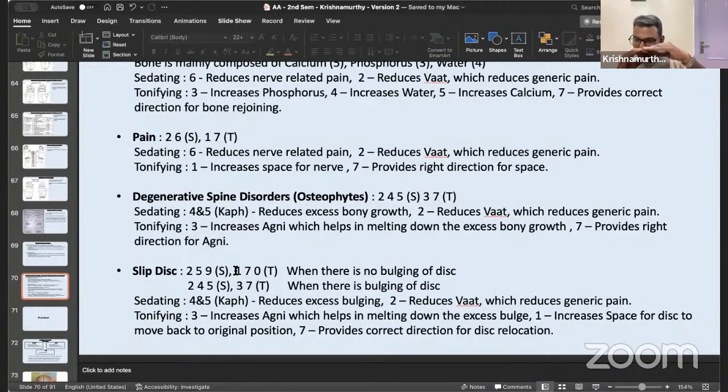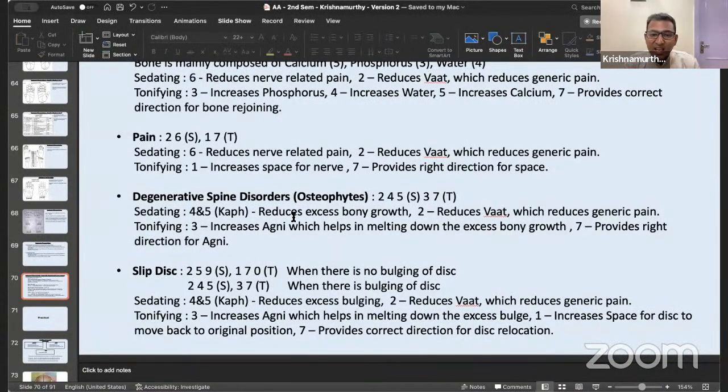If it has to go back, the space has to be increased. The space between the vertebrae, if I increase, will it be easier for the disc to go back, or if I keep the same distance? When I increase the space between the two vertebrae, the disc will easily go back.